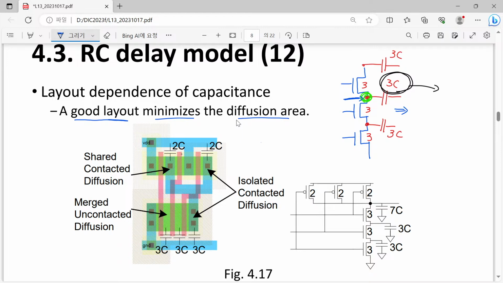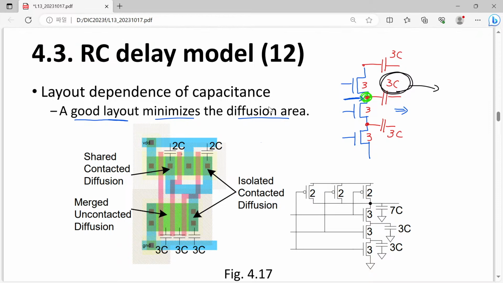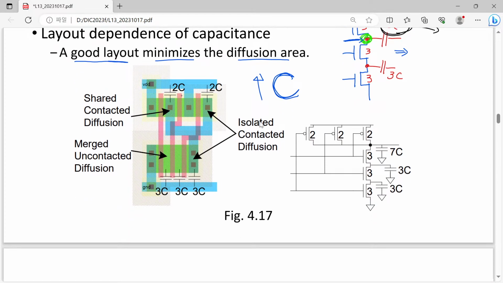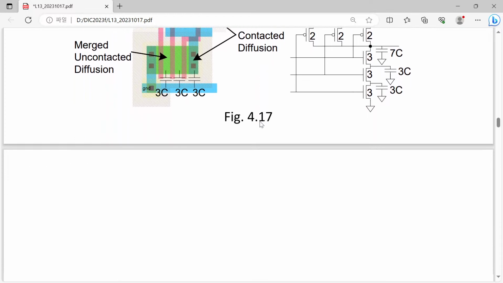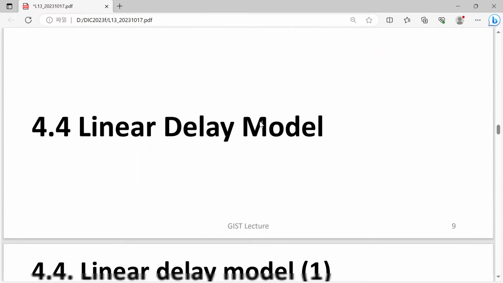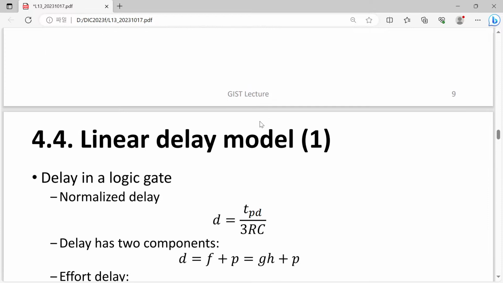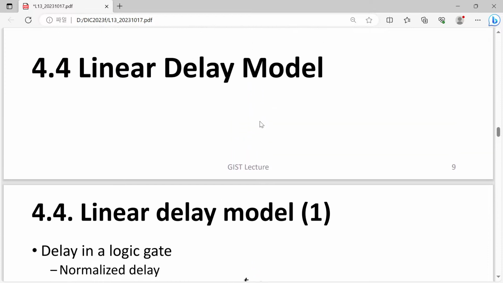Because if we spend quite a large area for diffusion layer, then that is corresponding to increase of our internal capacitance, then that is related with the reduction of the peak operation point frequency of our transistor. Okay, so now let's go to the section 4.4 for linear delay model. This is quite a short section.